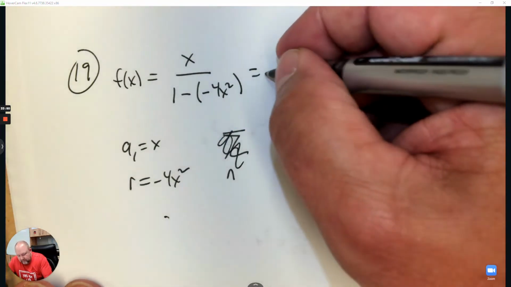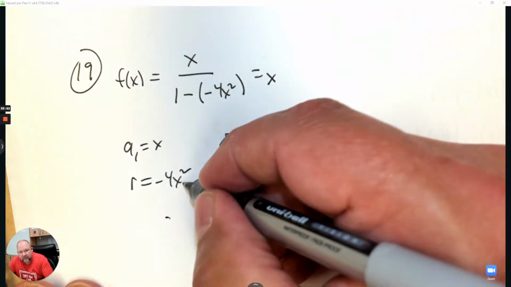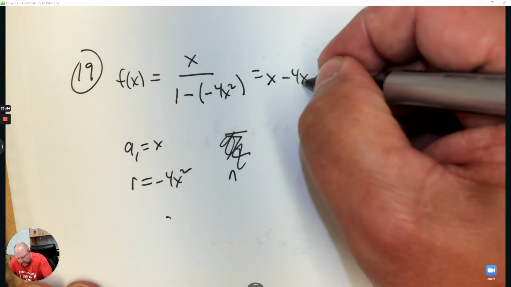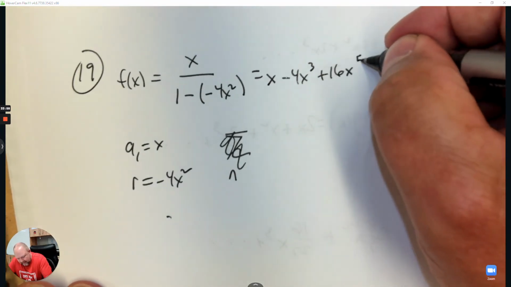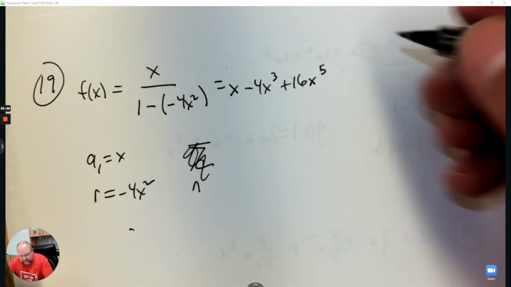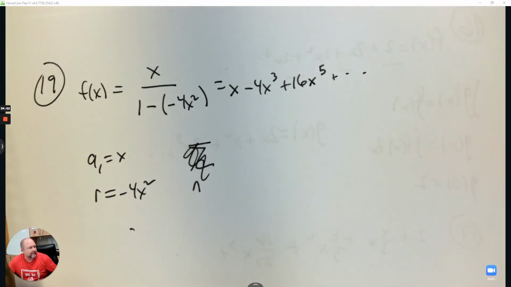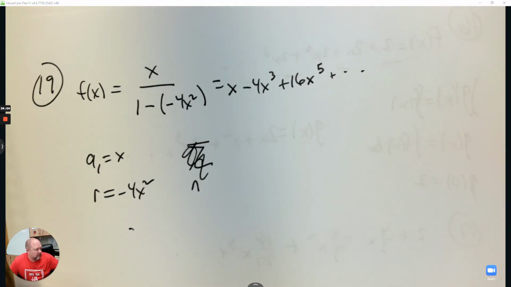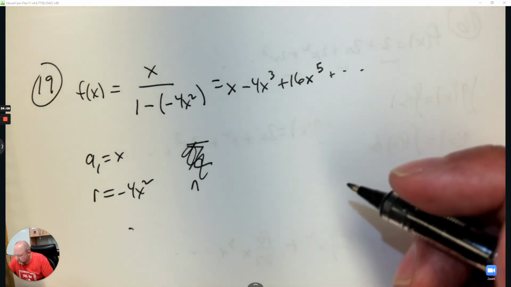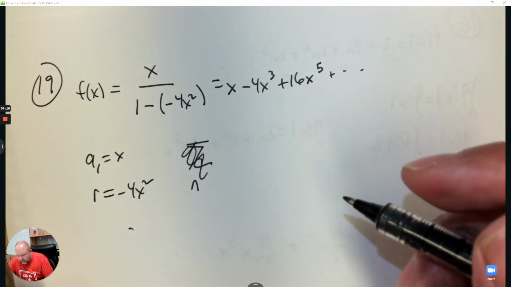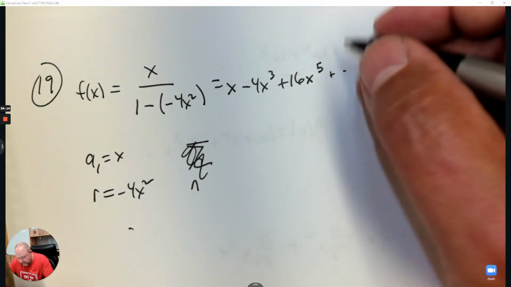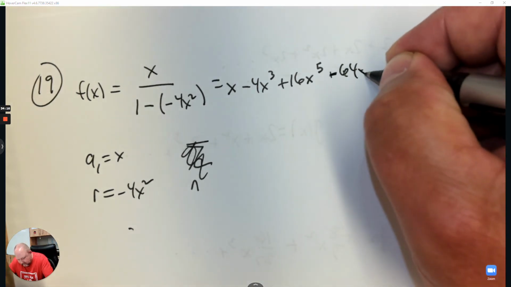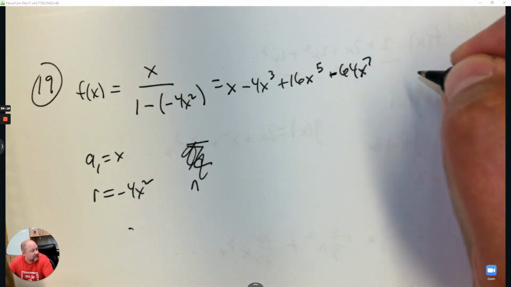So the first term is x, and then multiply by negative 4x squared, and just keep doing that. Remember, you're adding the exponents as you do it, and so on. Show 4 terms. So again, negative 4 times that is negative 16x to the 7.